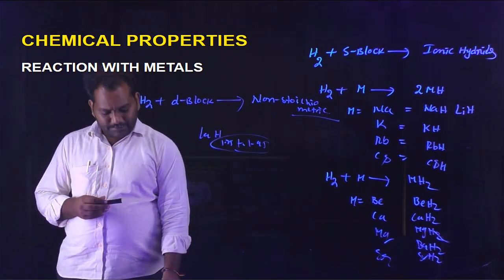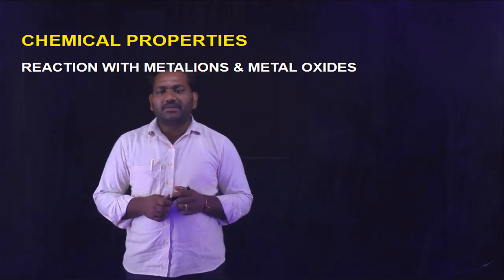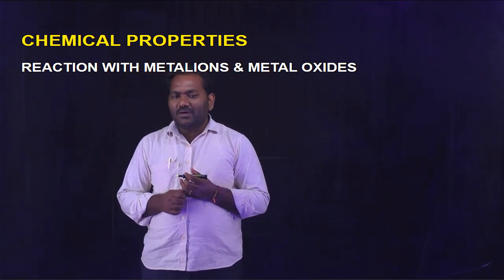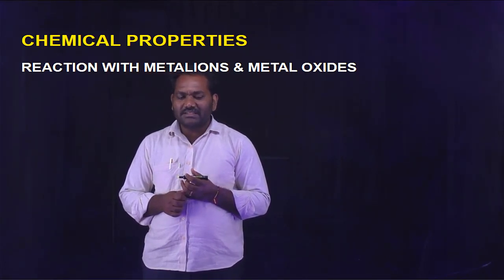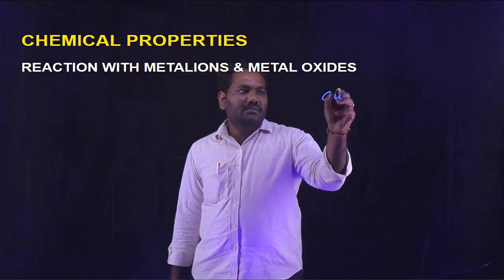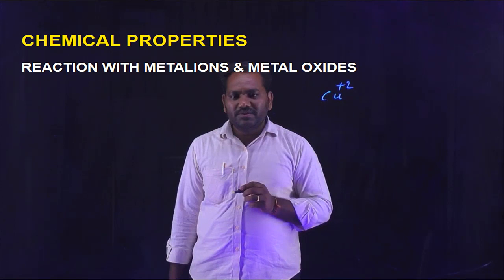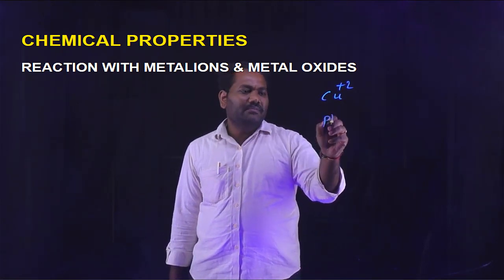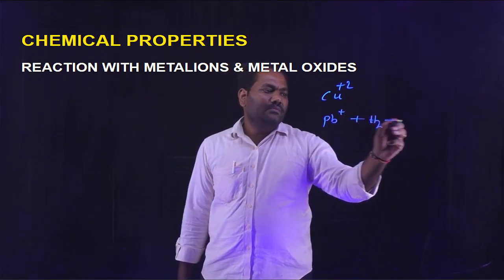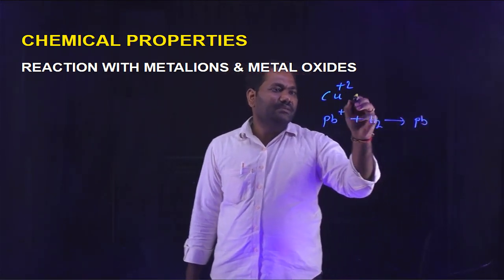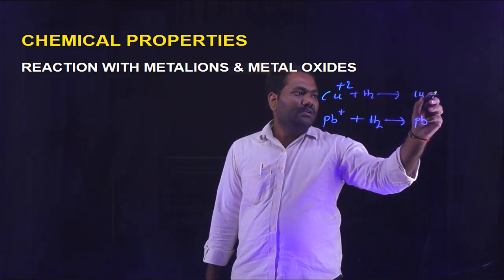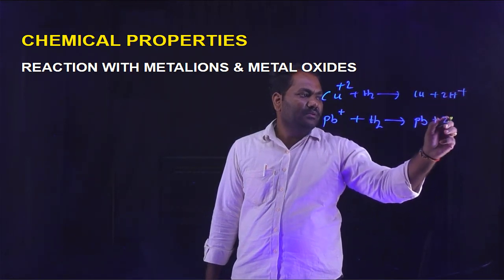Okay, let's discuss the reaction of dihydrogen with metal ions and metal oxides. Here, the best example is dihydrogen reacting with metal ions like Cu2+ or Pb2+ to give the respective metal atoms like Cu and 2H+ ions.